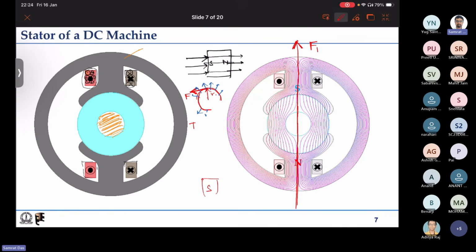When it is external, it is coming out of north and going into south, but internal it is south to north. I'm not closing the lines, it is something like this.